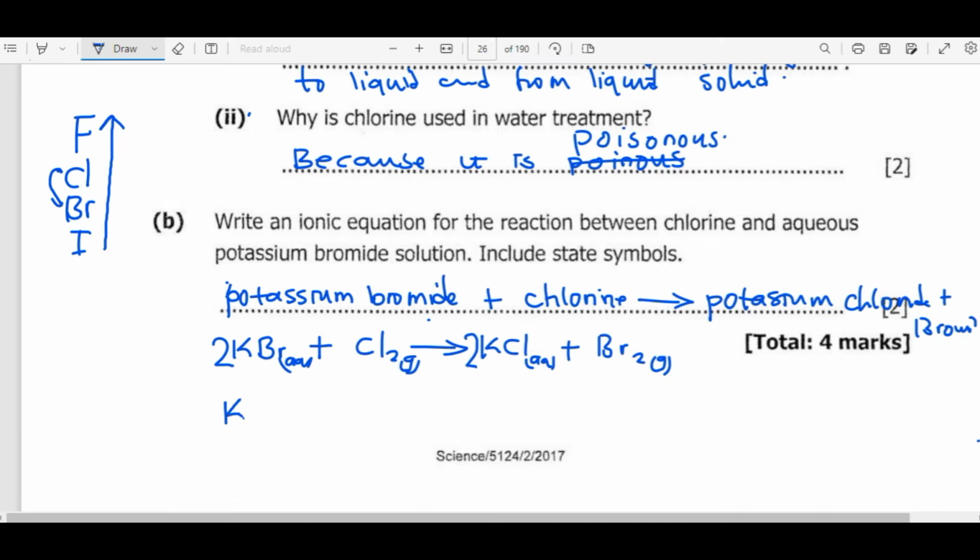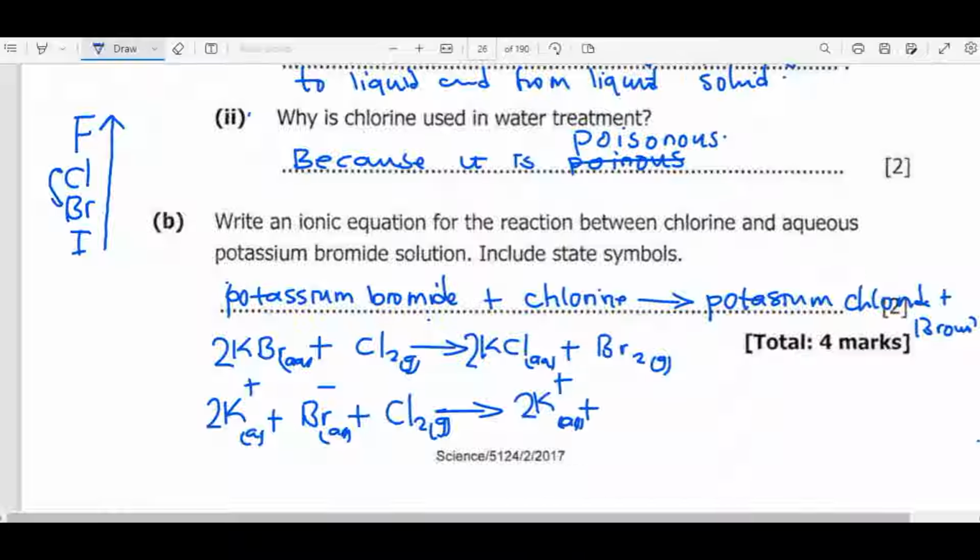So the first one is K plus aqueous, then Br minus aqueous, then chlorine must be just written like this since it's in gaseous state. So we have K plus aqueous plus 2Cl. Let me just put a 2. So this number is affecting the 2 involved, plus the bromine will be written like this.